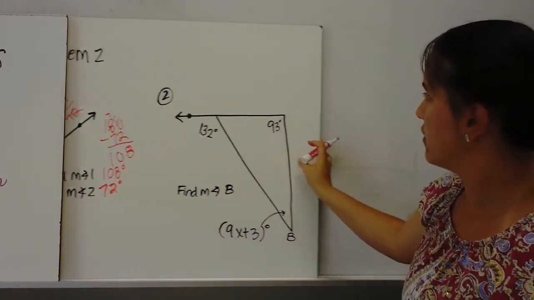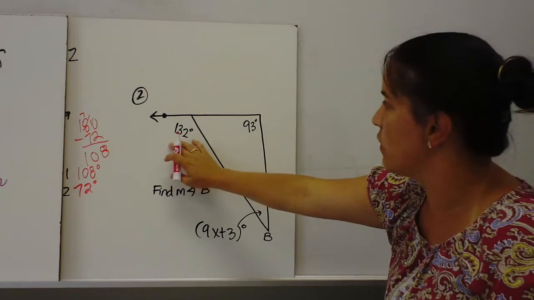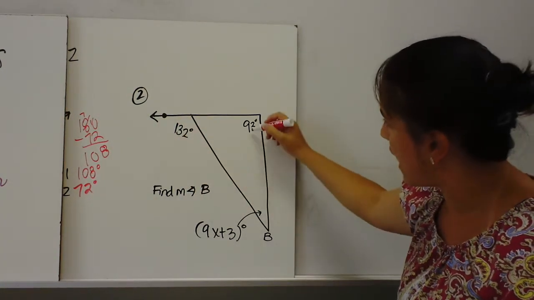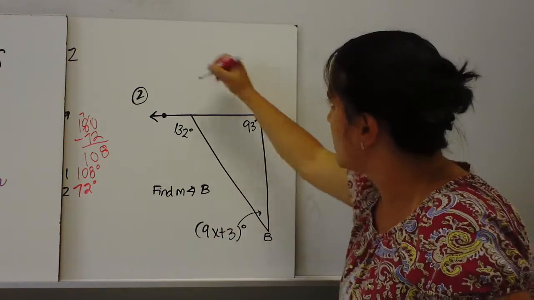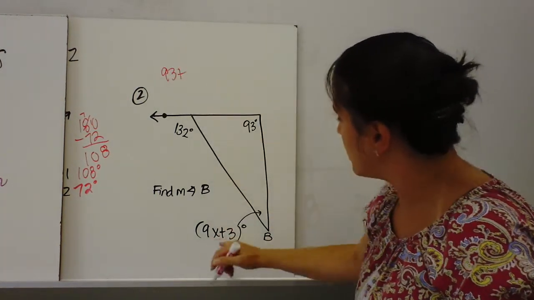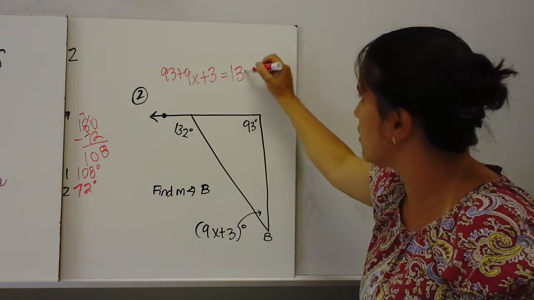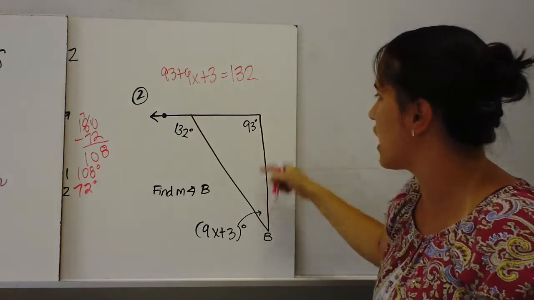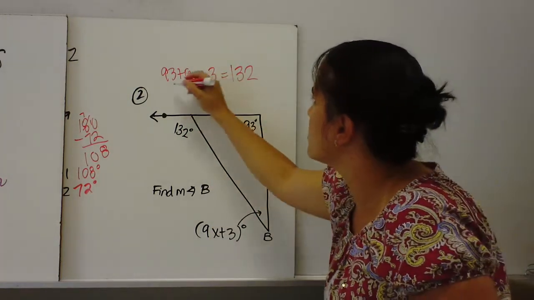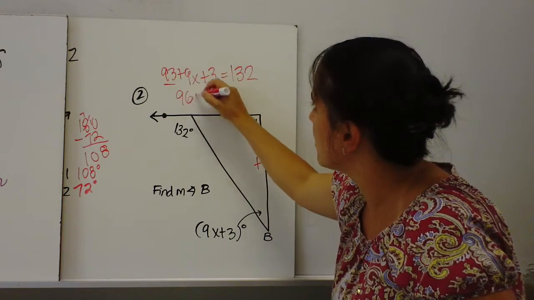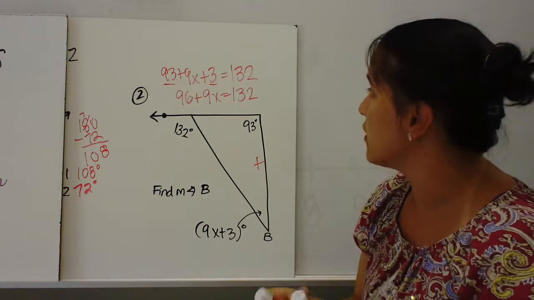Here we go, number 2. The two remote interior angles are going to equal this exterior angle, so we need to add these two together to find angle B. So 93 plus 9x plus 3 is going to equal 132. These two together equal that one. So I'm going to combine, and now we're getting back to our algebra.